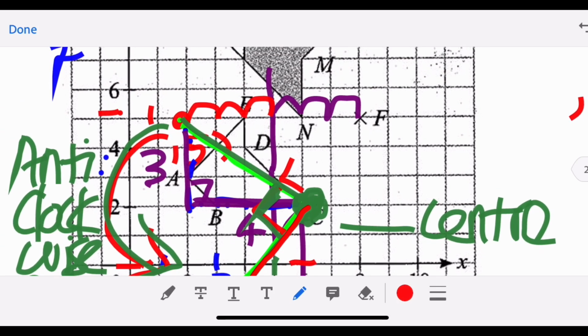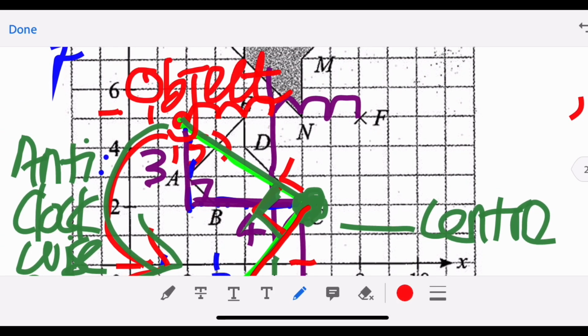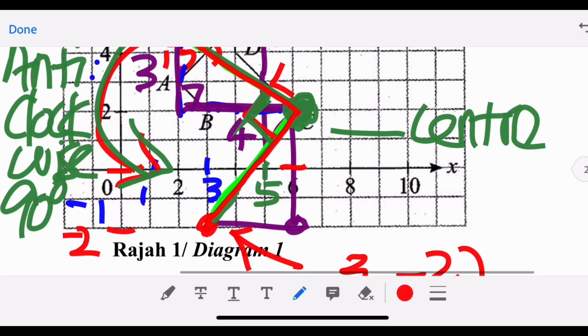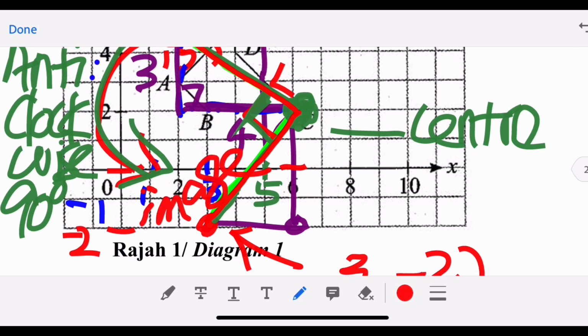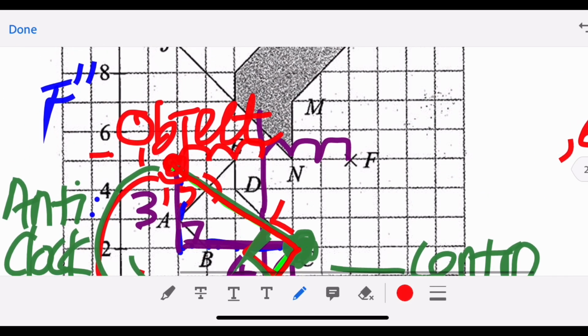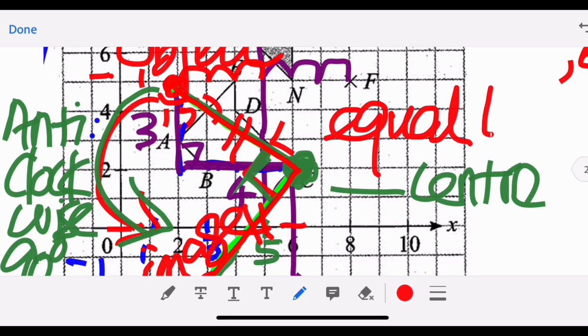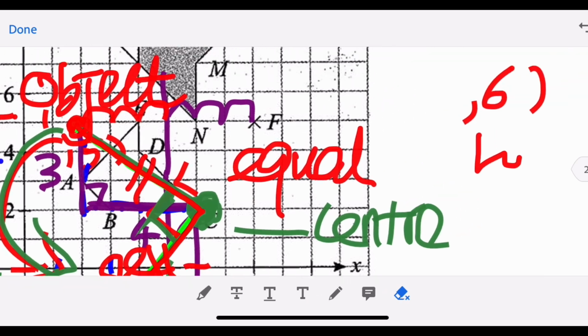The one that I show in red is the object, and that's the distance from object to the center. This is the image after rotating 90 degrees anti-clockwise, and it must be equal in length because it is the radius.